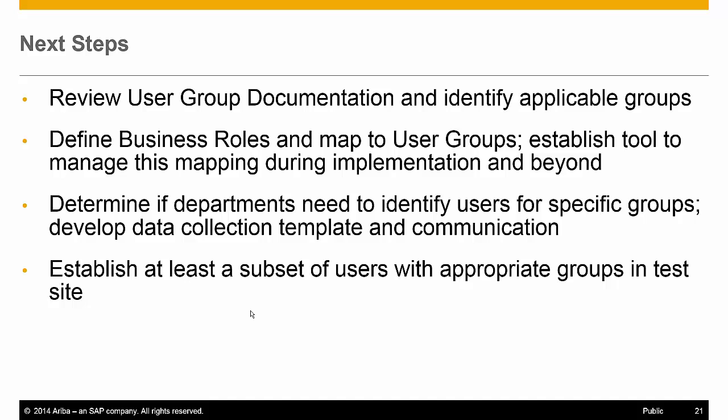Once you have the groups narrowed down, then you can actually begin the exercise of mapping those groups to users. The user groups workbook is an excellent tool to help you with this exercise to first map Ariba groups to your job functions, and then once you've narrowed down the groups, in turn to map those groups to users.